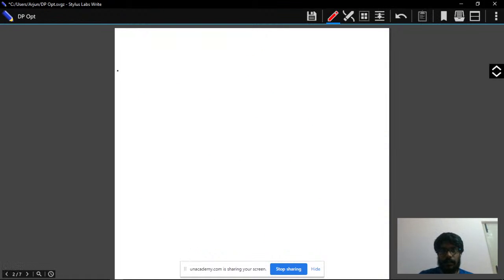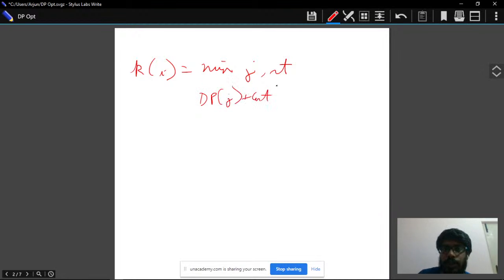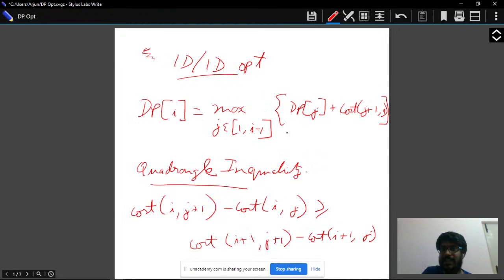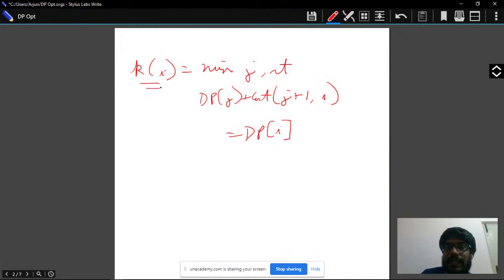So let's define it by k of I. Okay, so k of I is the minimum j such that dpj plus cost of j plus 1 comma I is equal to dp of I. So dp of I is a loop over all j's of dpj plus cost of j plus 1 to I, and now which was the smallest j which gave me this maximum value? That we denote by k of I.